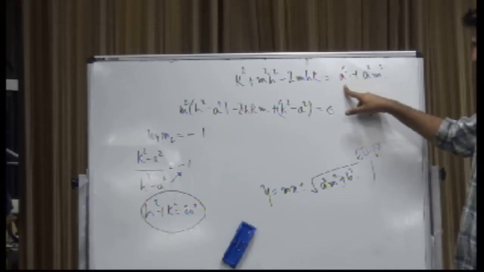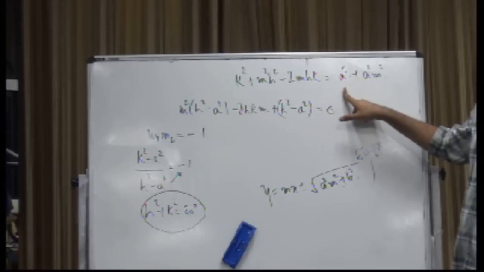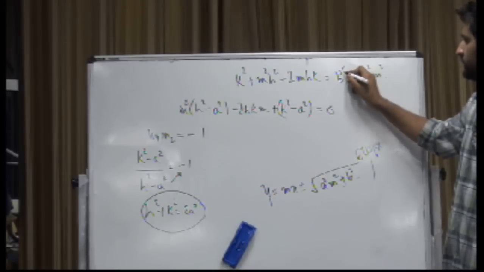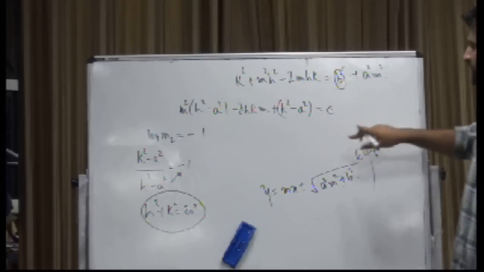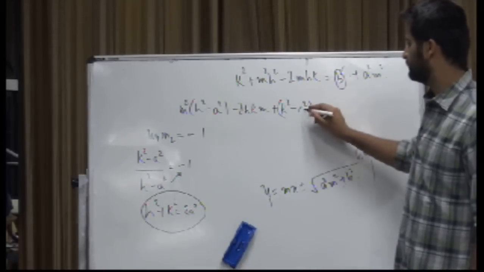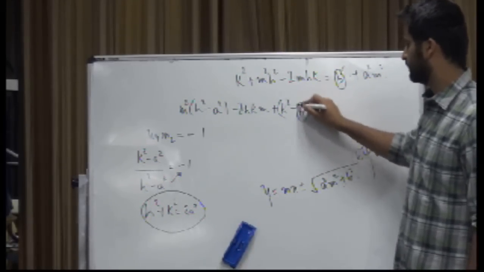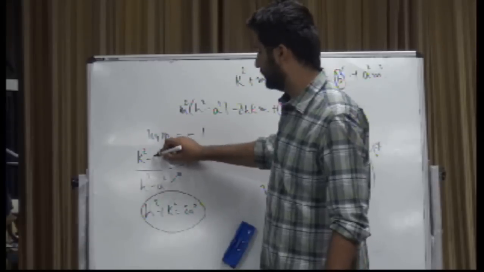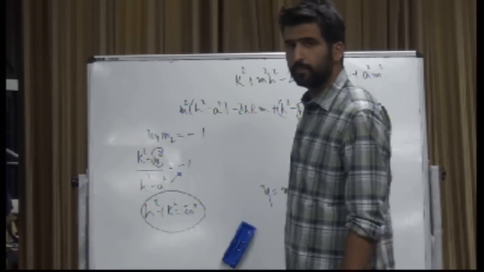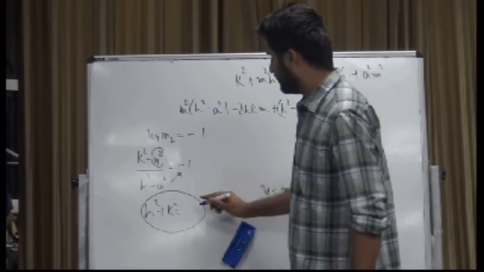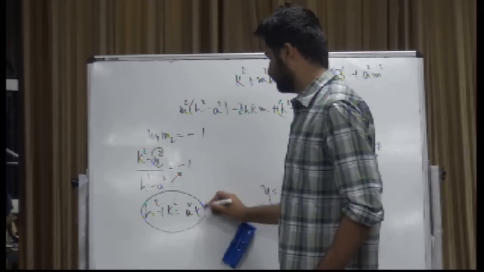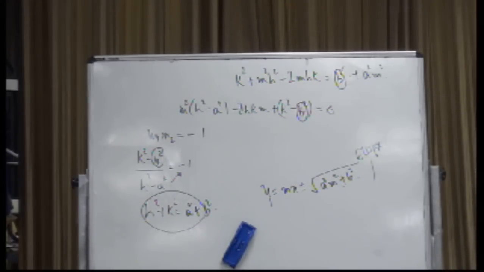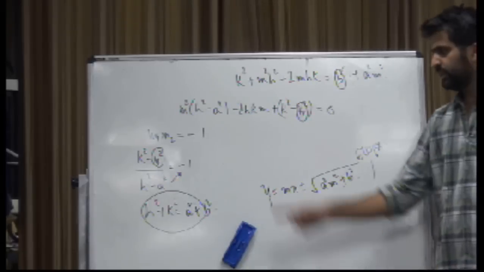Here you will get b square, this will be the only difference. So this will be b square, here this will be b square, and here this will be b square. In the final answer you will get h square plus k square is equal to a square plus b square. So this will be the case of ellipse.